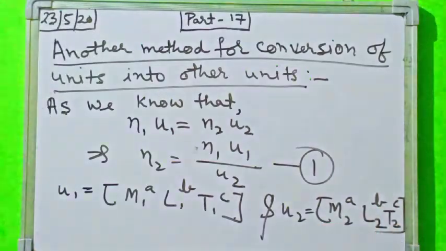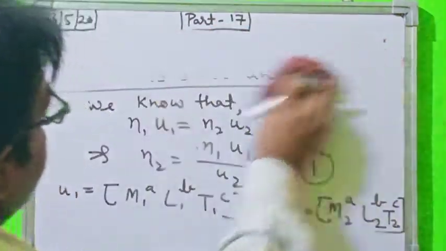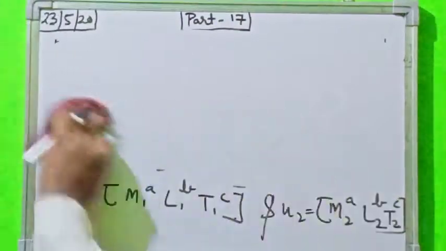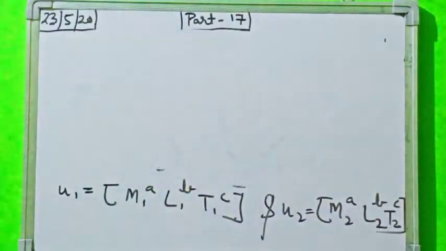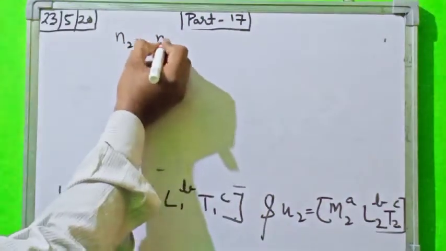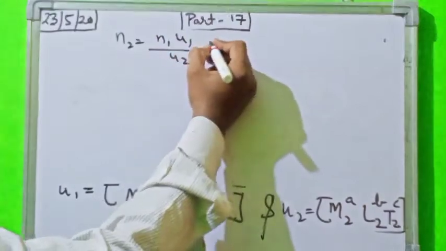This is the second system of unit. Now from equation 1 we can write n2 is equal to n1 u1 upon u2.